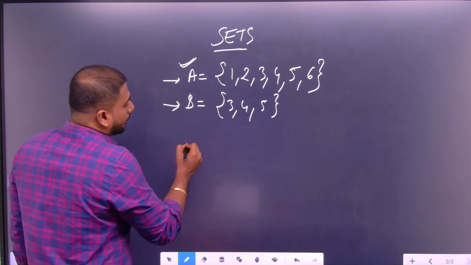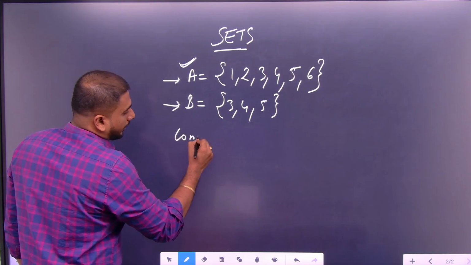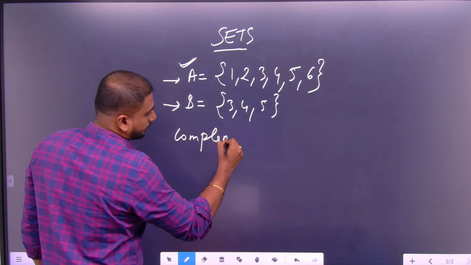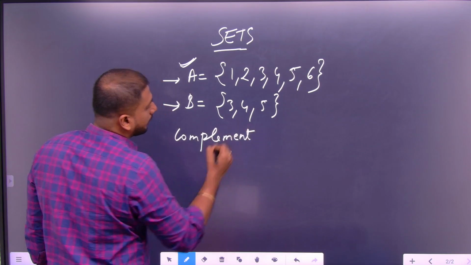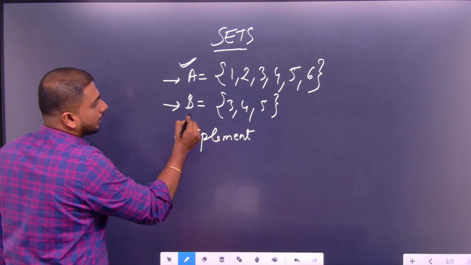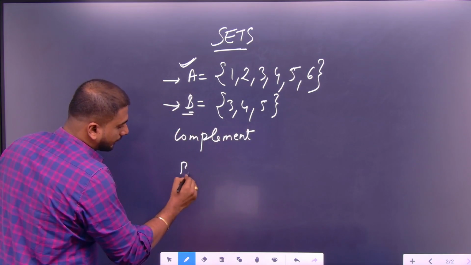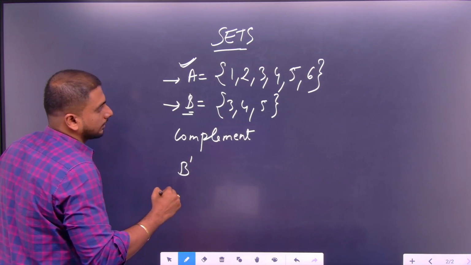Now what do you mean by a complement? Complement is denoted by the set with an apostrophe, that is B dash.